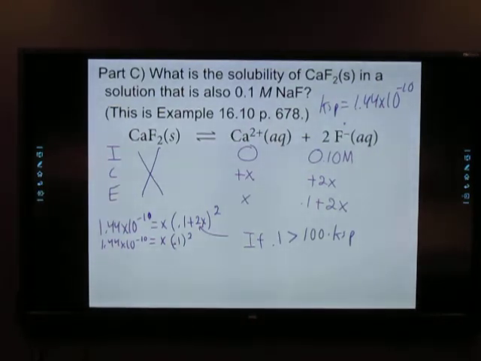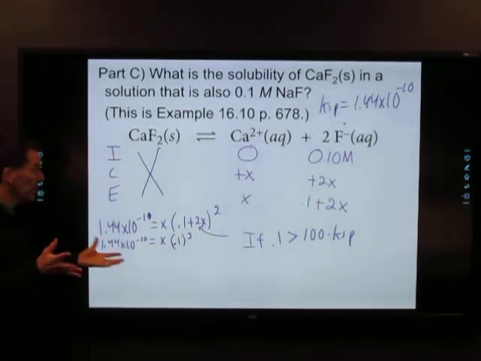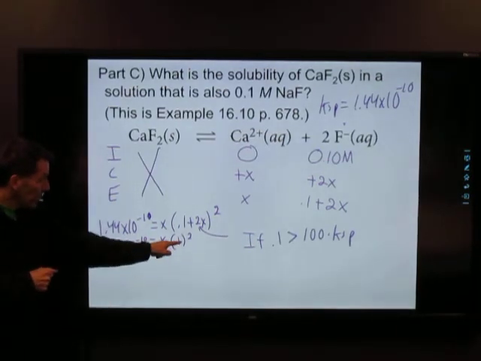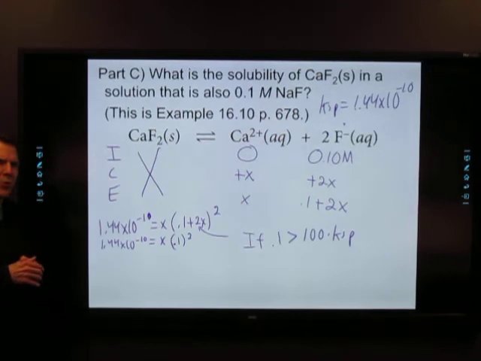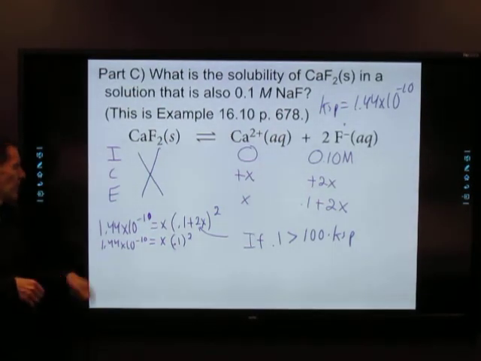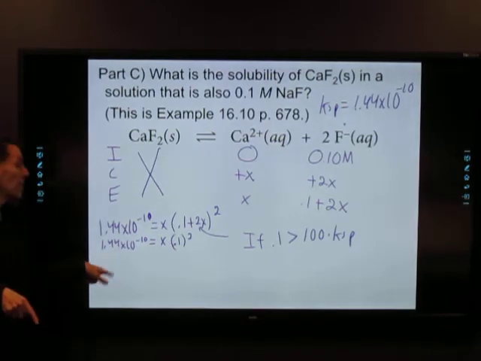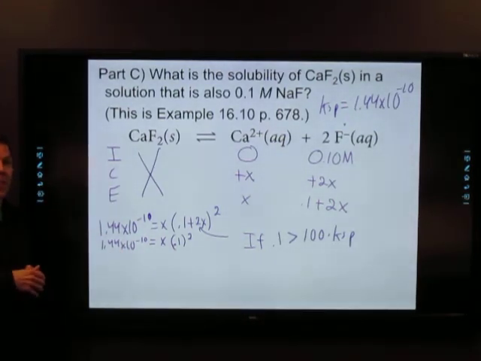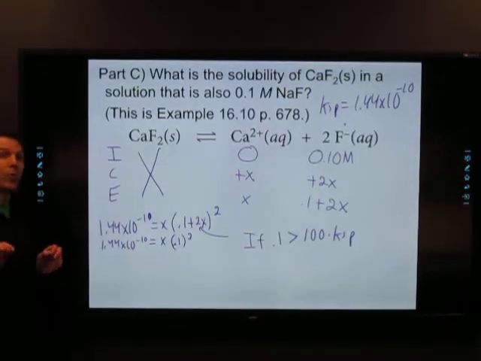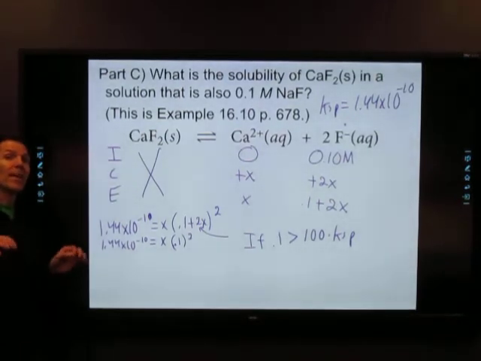And so now the x we get is just the K divided by 0.1 squared. This is good practice for exams like the MCAT where you have to do some mental math. If you divide by 0.1 twice, you'll end up raising that exponent by 2 slots. And so the answer to this is 1.44 times 10 to the negative 8th.